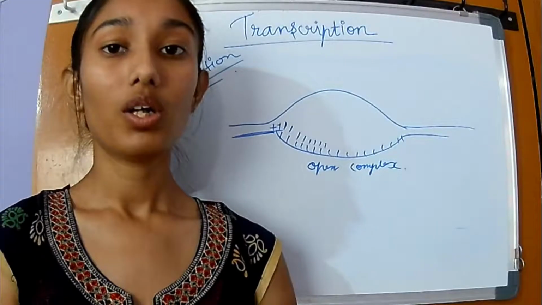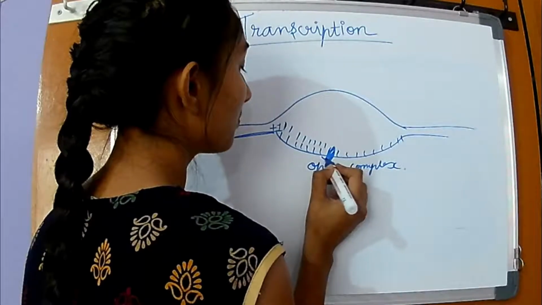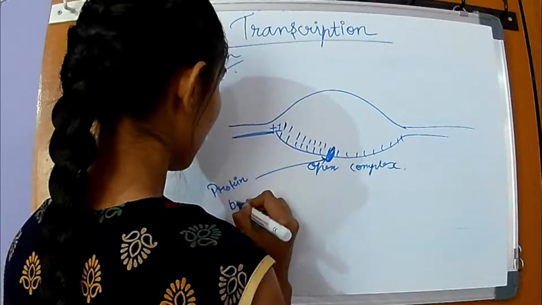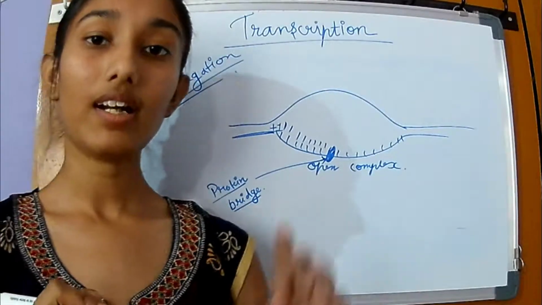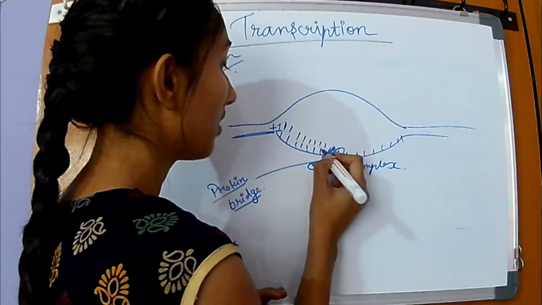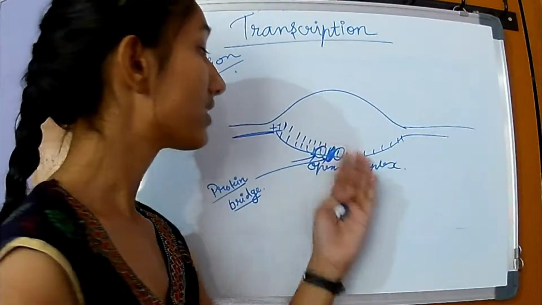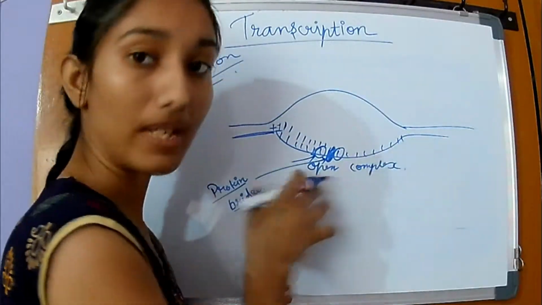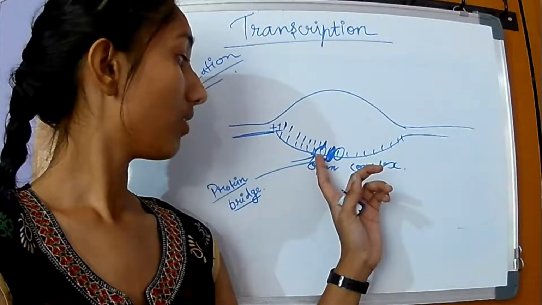One thing you have to remember is that there will be a protein called the protein bridge, which only allows one template base to be exposed. Let's suppose this is the base. It only allows this base to be exposed, so the RNA polymerase does not get confused between all the bases and hence brings the complementary base for this base.